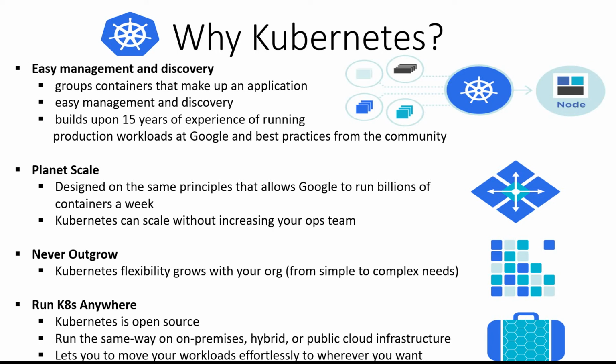So if such scale applications can be deployed on Kubernetes, even our applications within our enterprises, though they may not get that scale of traffic, can use it. Google's benchmark is set so that we can also use the same for our own purposes. And also it can scale without increasing your operations team.